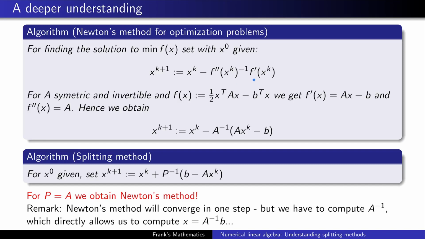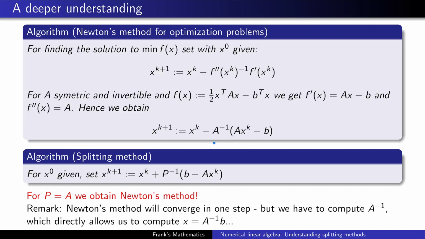For our specific problem, we choose f to be again the quadratic function, and we compute the first and second derivative. You can see them here. So f prime of x is Ax minus b, and the second derivative is just A. If you plug in these values into the general formulation of Newton's method, you end up with this formulation here. So x_{k+1} is x_k minus the inverse of A times Ax minus b.